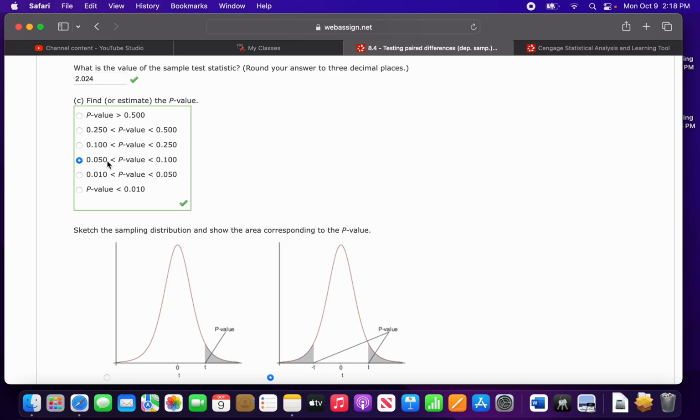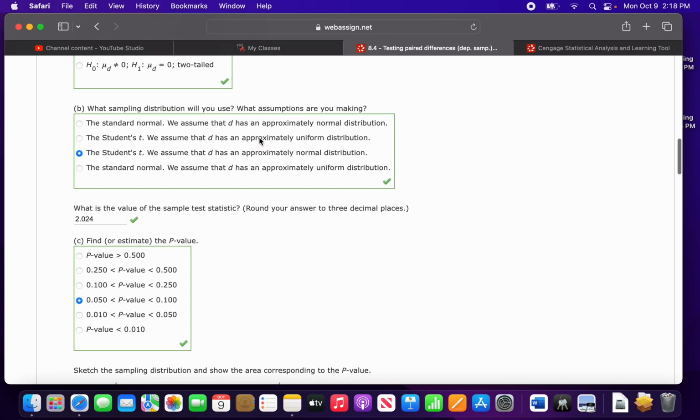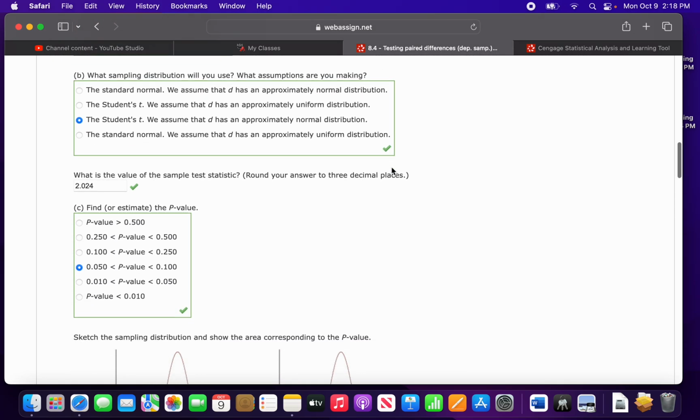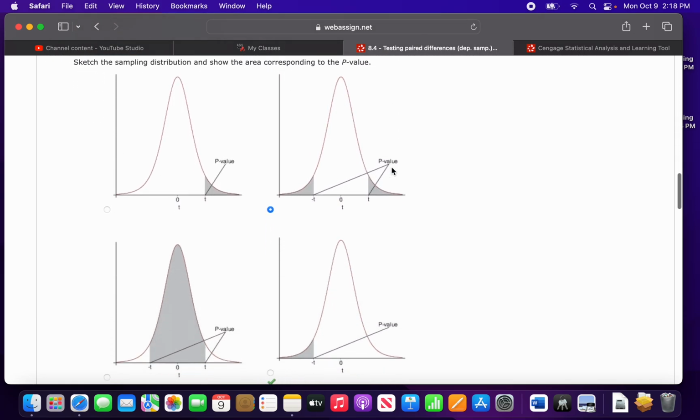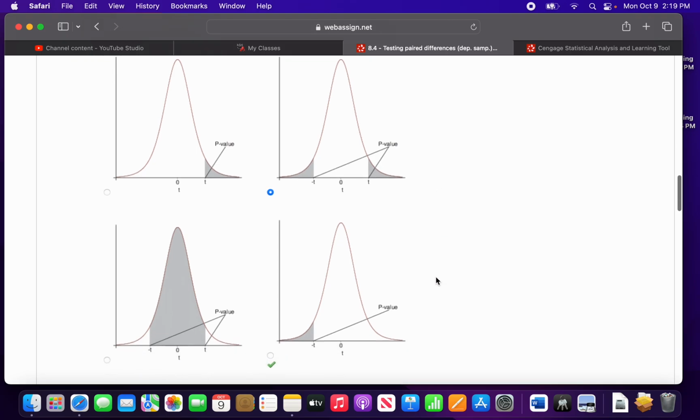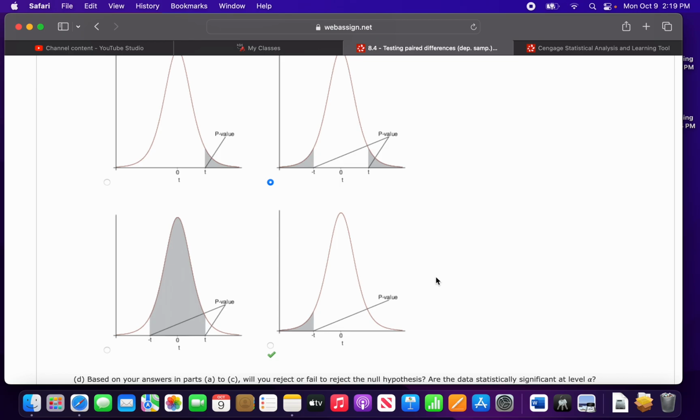So we'll make a selection here for our p-value. Since p is larger than alpha, because we set alpha at 0.01, and we're doing a two-tailed test, this is our correct bell curve, and the shading is two-tailed.